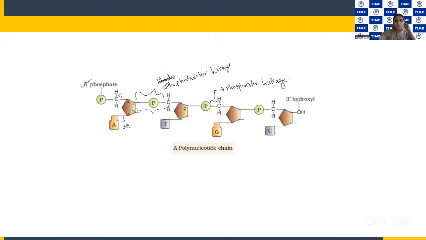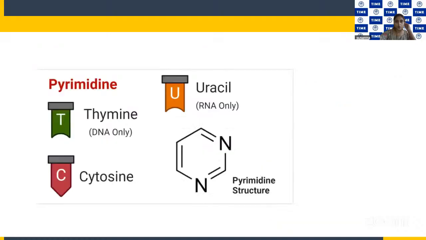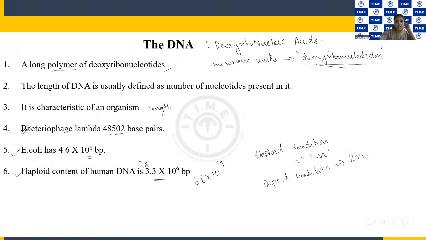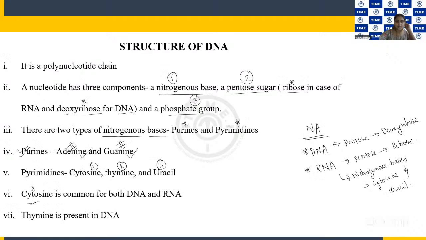Yes. So with this, we are done with DNA. I hope everything is clear. We started off by discussing DNA as a polymer of deoxyribonucleotides. Then we talked about the base pairs and how they are characteristic. Then we talked about the different components of a nucleotide: the nitrogenous base, the pentose sugar, the phosphate group.